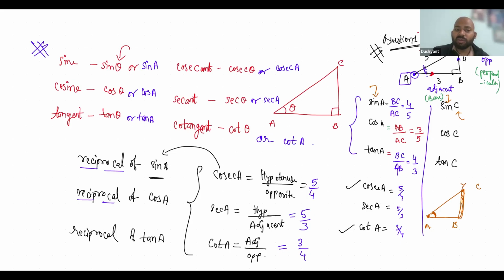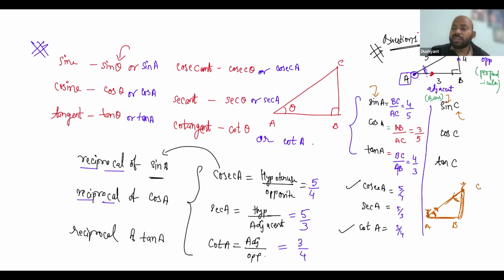So this is another person here. If he looks up, that angle I'll take is angle A. From C to A, I'm taking the angle C. So now have a look. The angle C I'm taking.